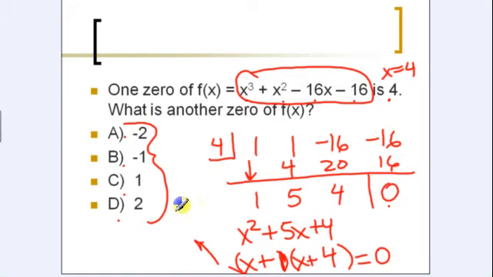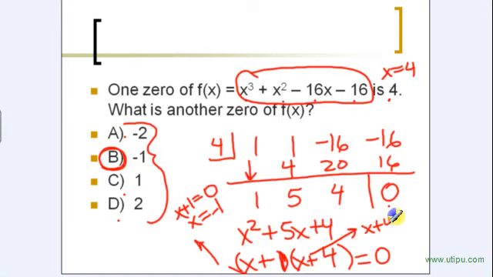Setting x plus 1 equal to 0, I get x equals negative 1, so that would be a 0, which I can see is an option right there. There's another 0 here of x plus 4, so that equals 0. We get x is negative 4, which we can see is not an option on there. So it looks like B is the correct answer.